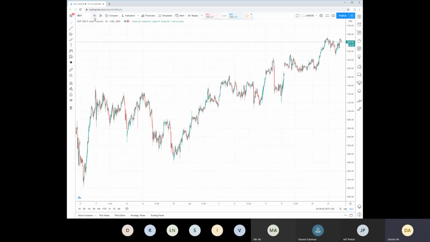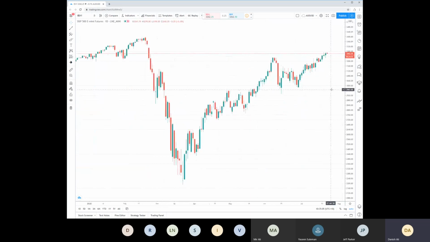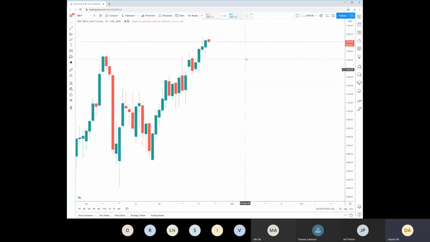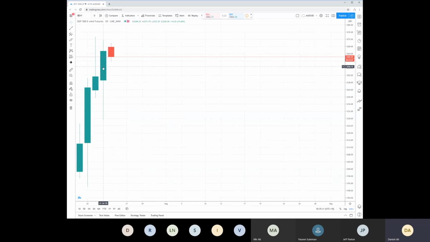Let me go back to our daily chart for easy visibility. Let's say this candle, this big green one. This candle has four data sets represented by two components.